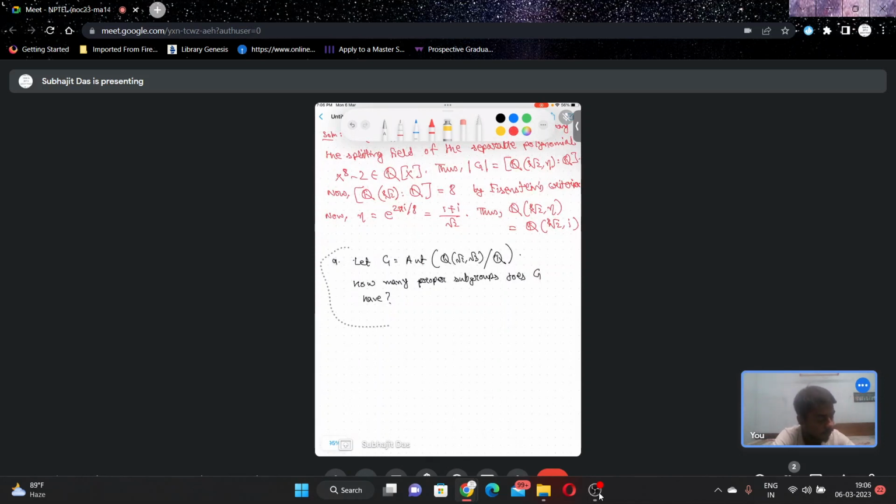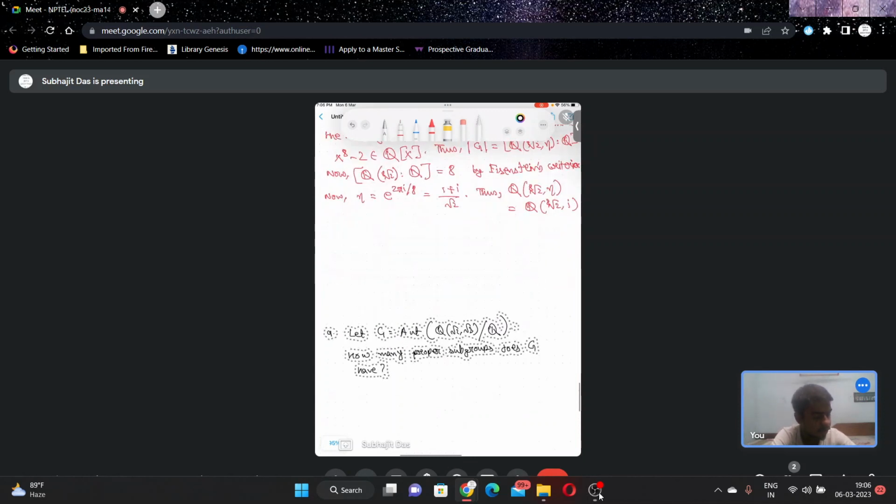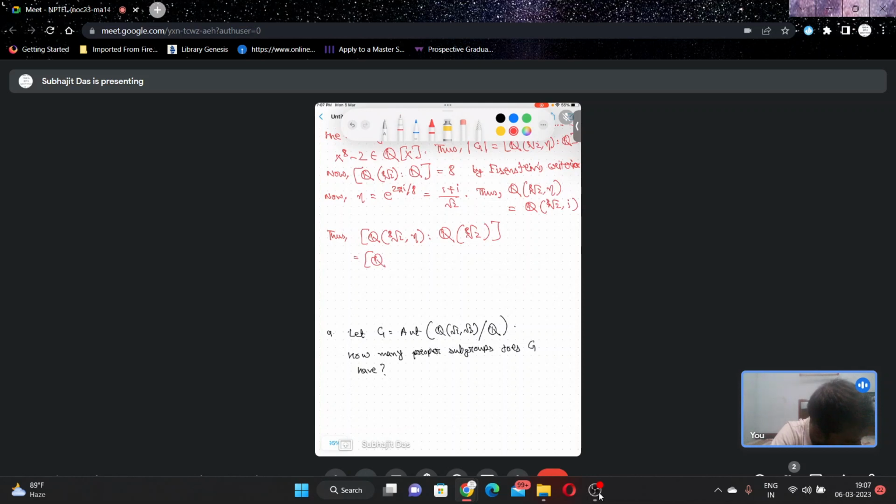So therefore, what I'm trying to say here is, the degree of Q adjoined with the 8th root of 2 comma eta over Q adjoined with the 8th root of 2 is just the degree of Q adjoined with the 8th root of 2 comma I over Q adjoined with the 8th root of 2, which is 2.